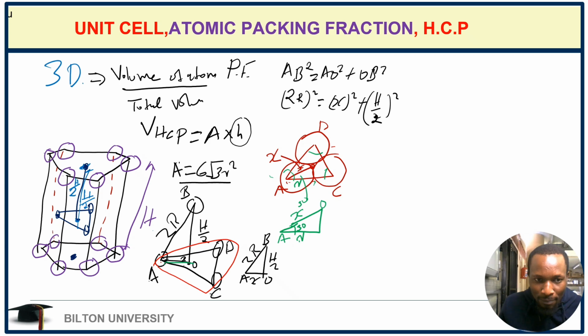If you look properly, I have R, I have theta, and I have X. So we can rewrite our SOHCAHTOA. If you look at this triangle, this length from A to this point here, R, is adjacent to the theta, which is 30 degrees, and X is the hypotenuse to this theta.